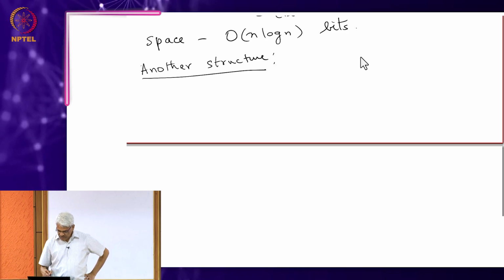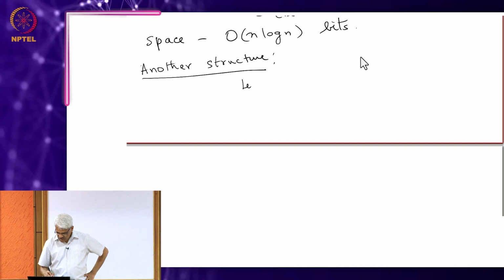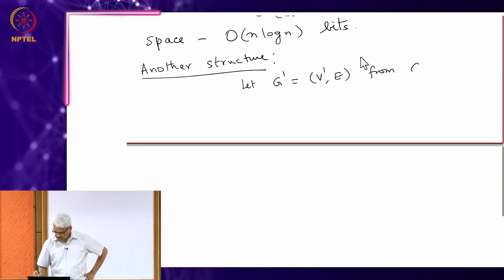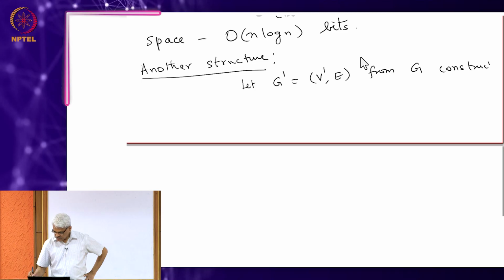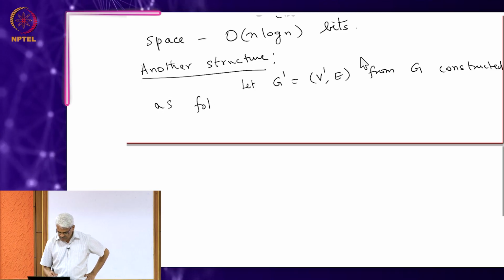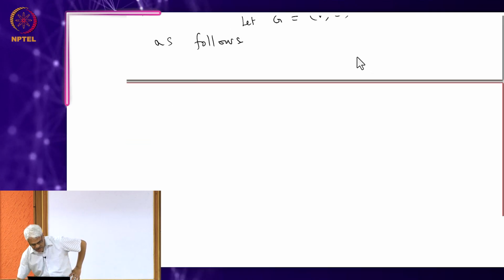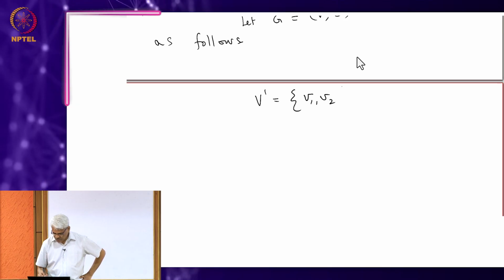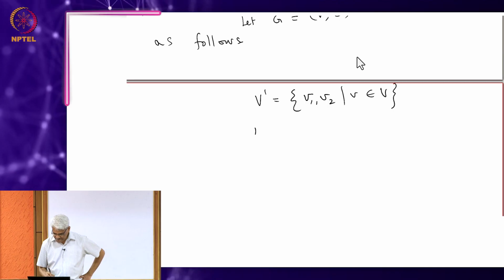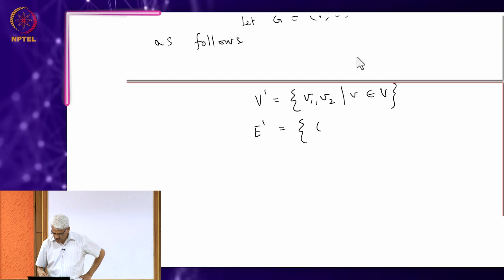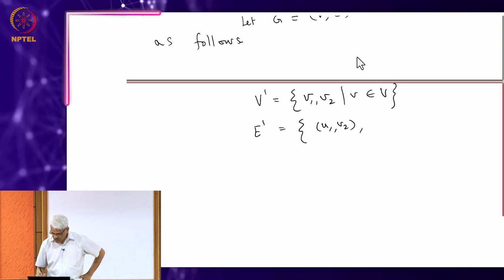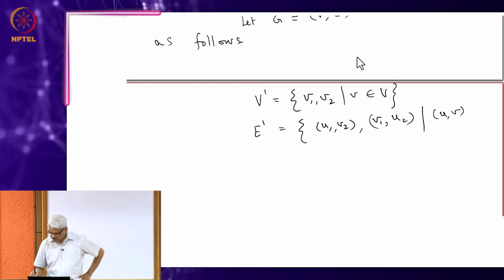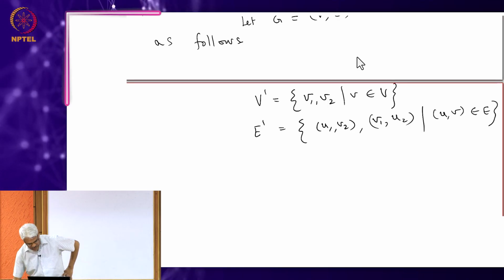Given G, I'm going to construct G prime, where V prime has two copies for every vertex, for all v in V, and E prime equals U1 V2 comma V1 U2 for all UV in E. Let me draw an example.